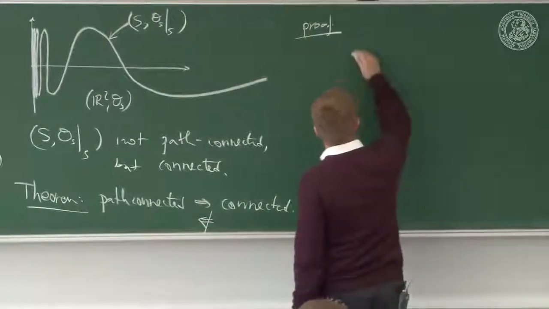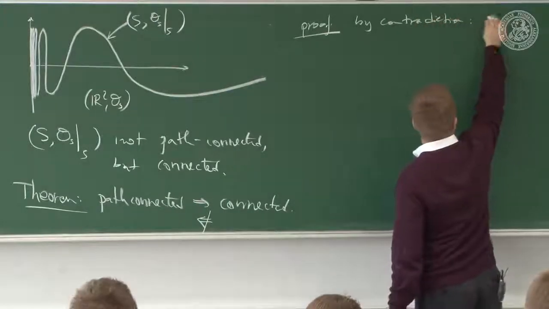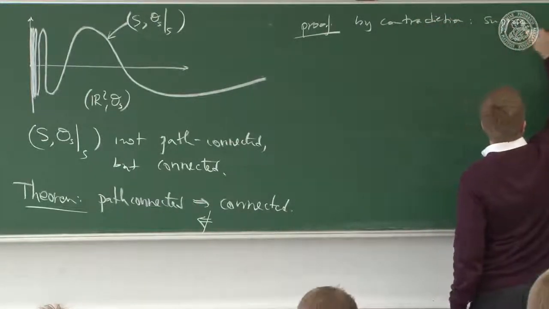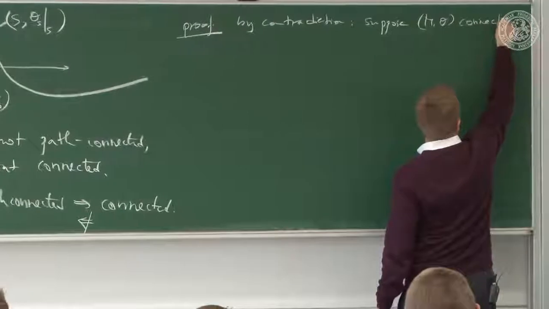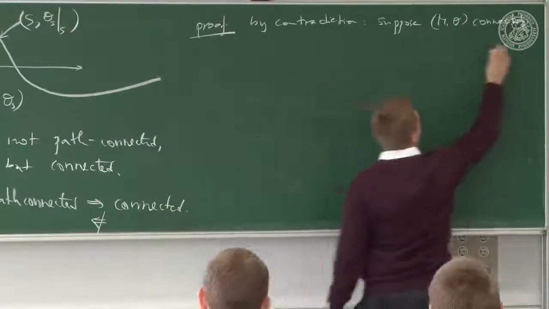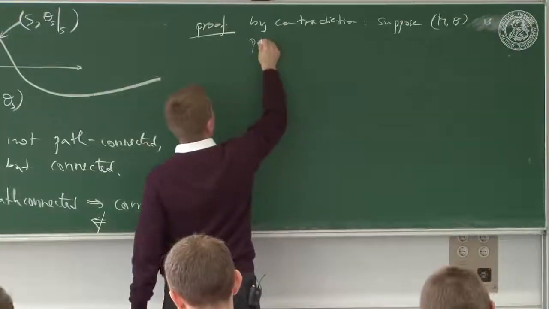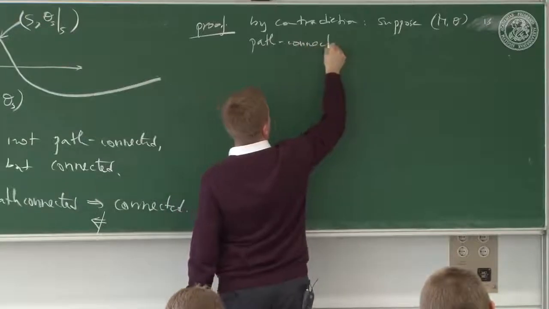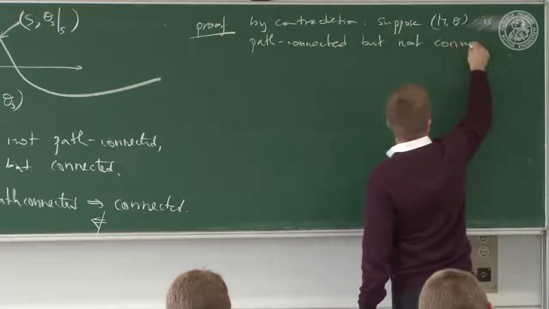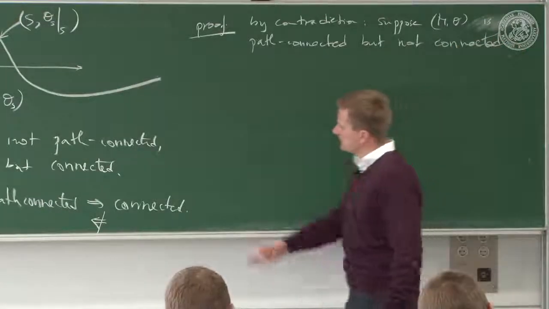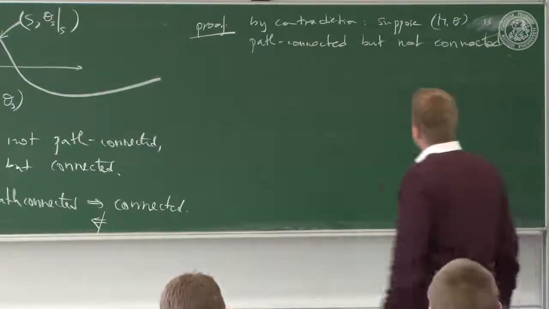By contradiction, suppose the space M, O is path connected but not connected. That would be in direct contradiction to this theorem, and we want to derive a contradiction from this.